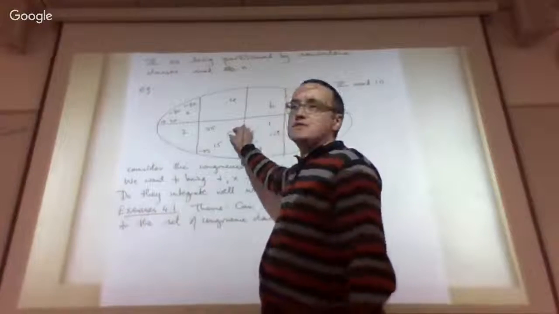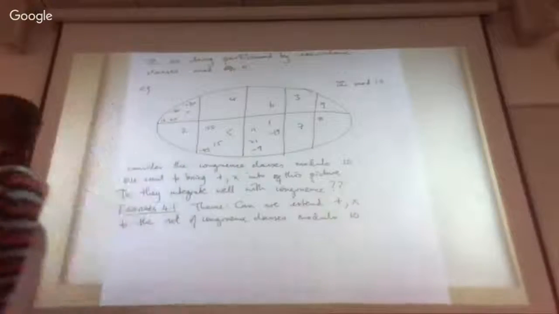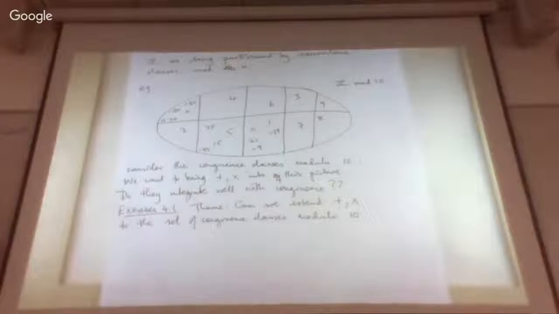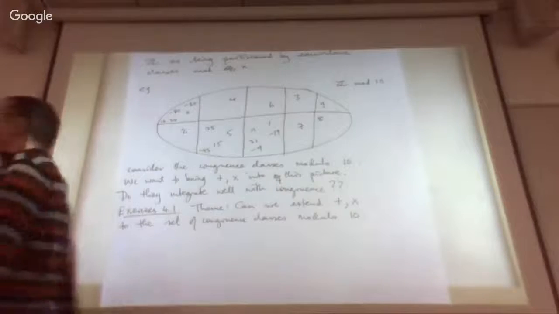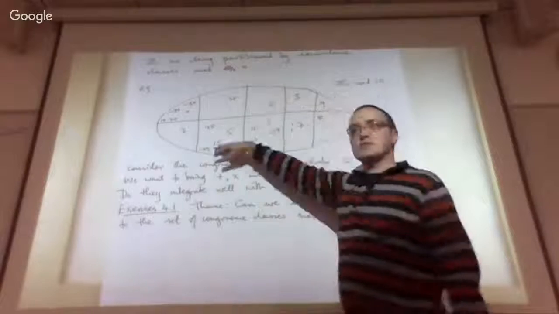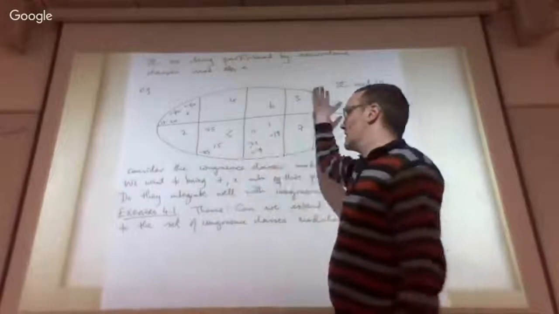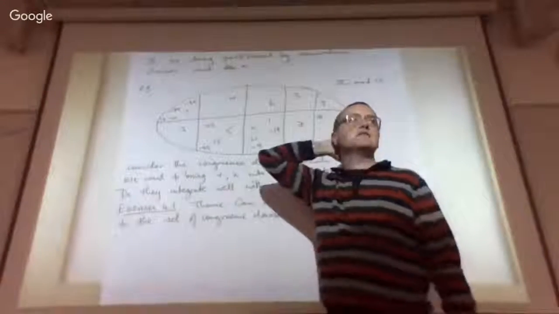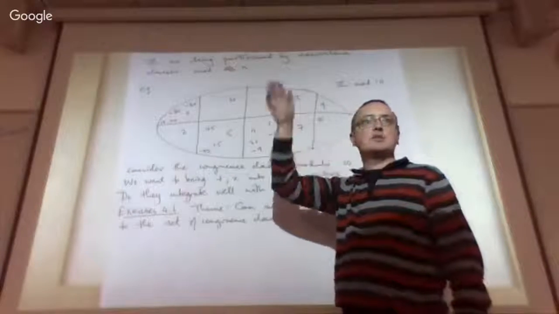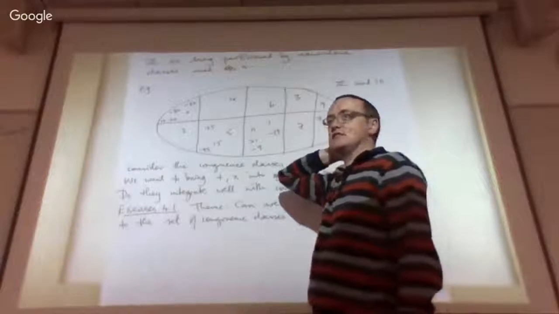I might choose 5 itself, and evaluate the polynomial at 5. I'll get some integer answer, and I'll be able to find it somewhere in this picture. Let's say it gives me 6, some complicated polynomial, but when I stick in 5, it gives me the value 6.